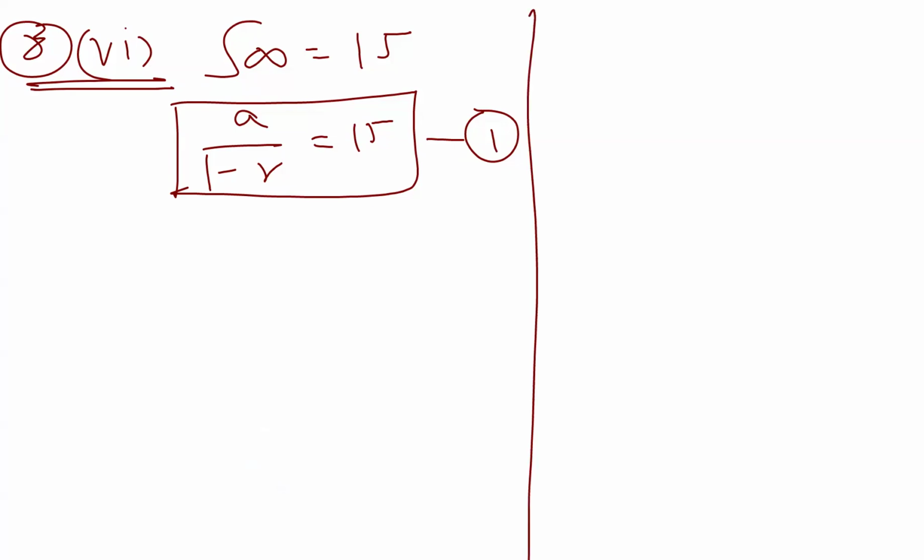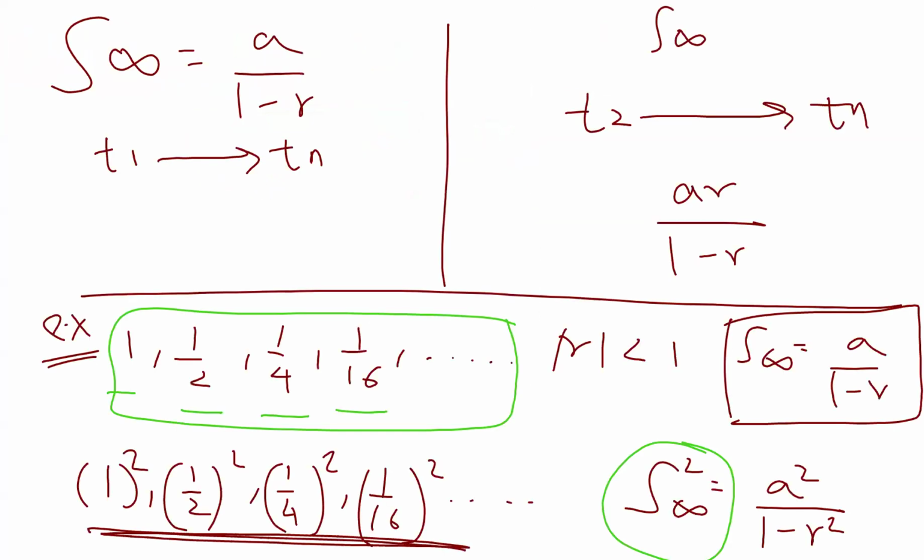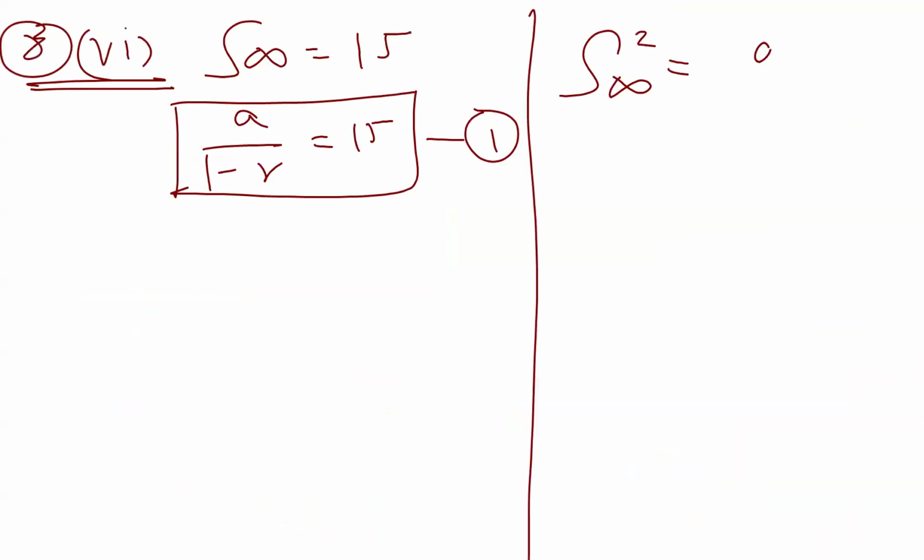Now, the sum of squares of these terms. So S infinity square, the concept which I just told you, this particular concept. This is equal to A square upon 1 minus R square. And this S infinity square value is what? Can someone tell me what is this value? 45.